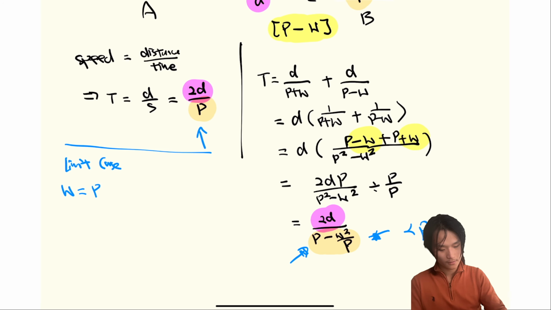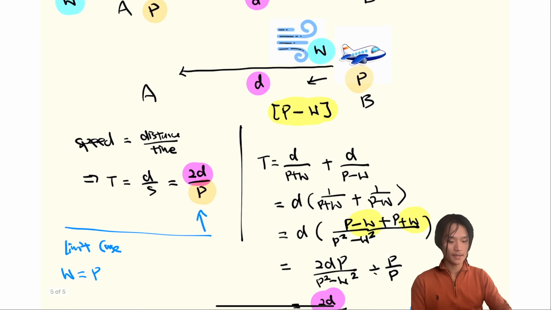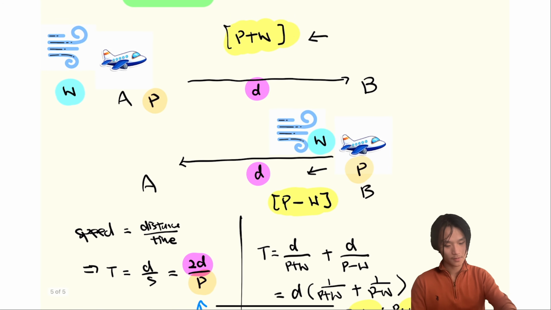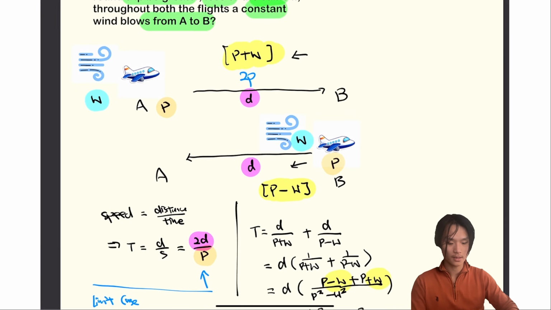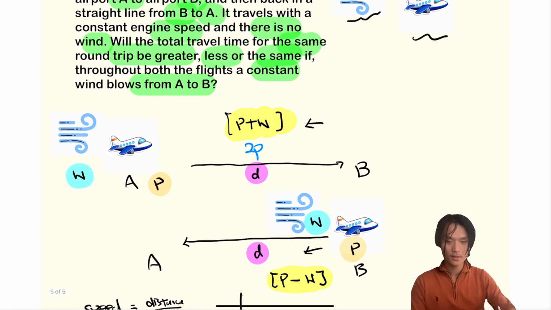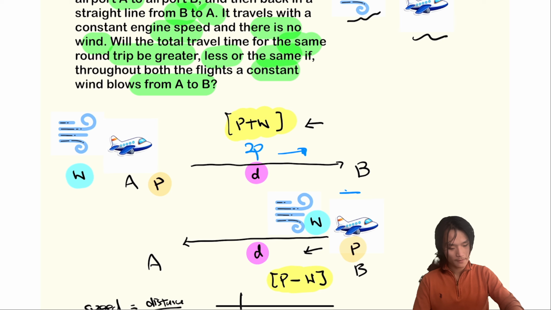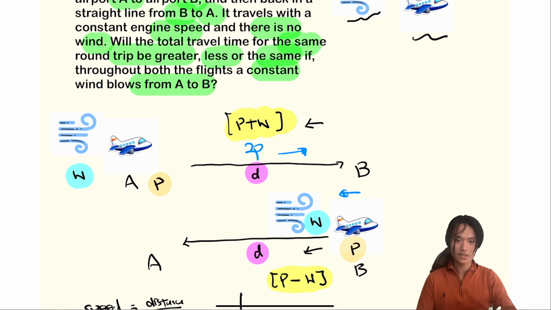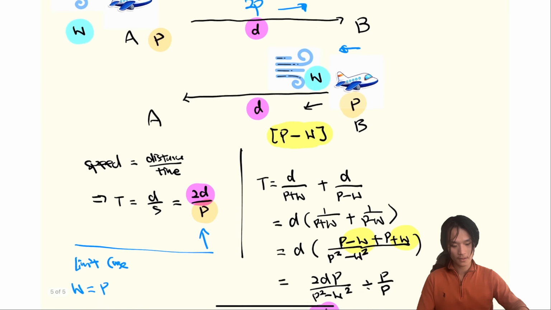So when W equals P, think about it here. If W equals P, then when the plane is making its first trip, it goes really fast, double its original speed. But when it's coming back, because the wind speed is so great, essentially the speed of the plane becomes zero, because P minus P is zero, so it stops moving.